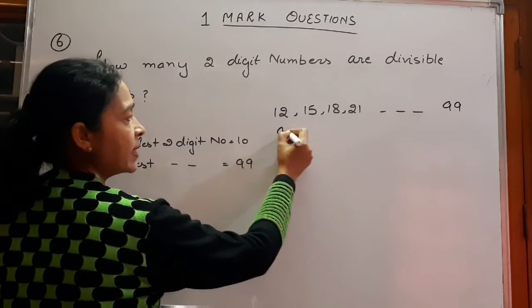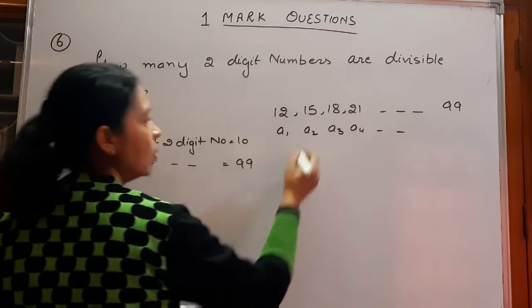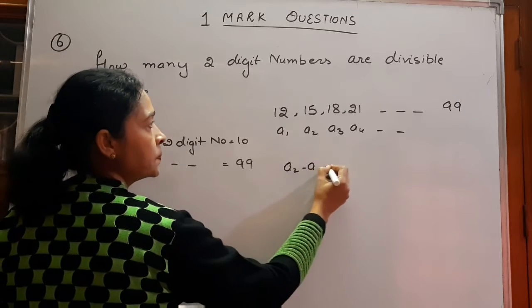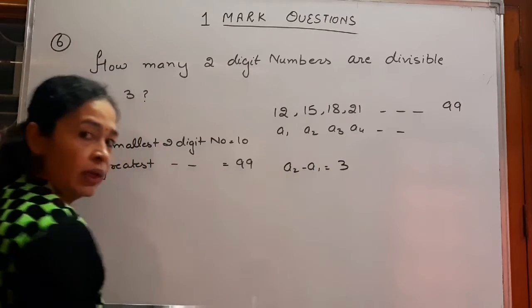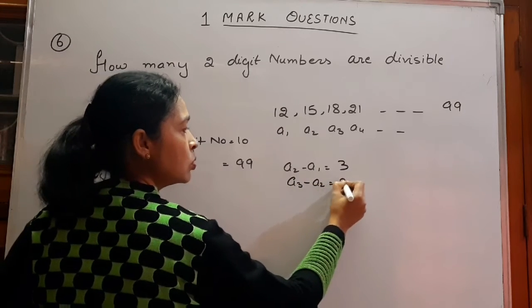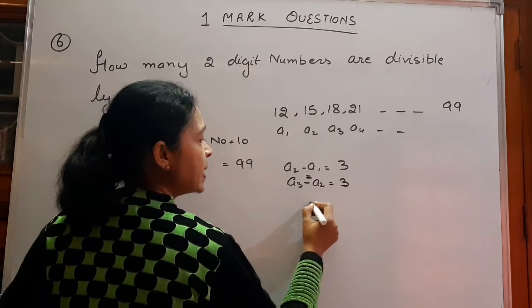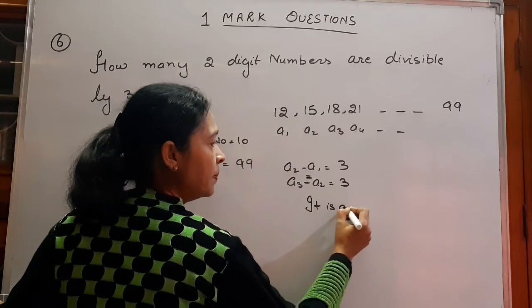Now, if we take these as A1, A2, A3, A4 and so on, what is A2 minus A1? 15 minus 12, 3. What is A3 minus A2? This is also 3. Since both these are equal, it means it is an AP.